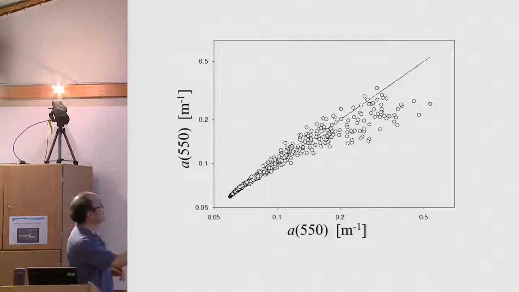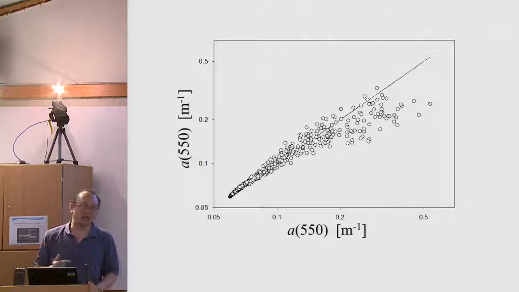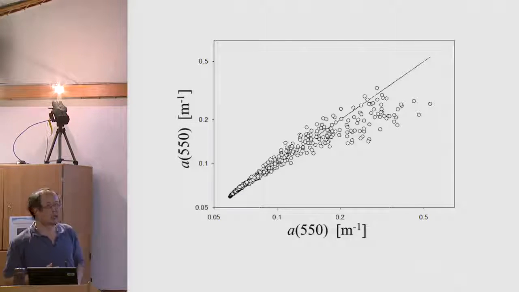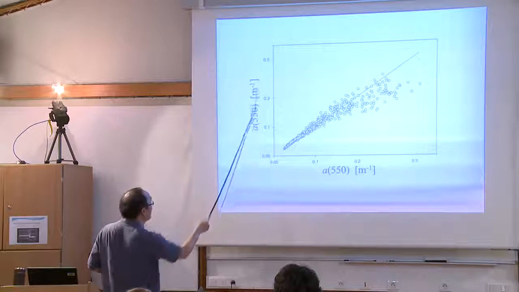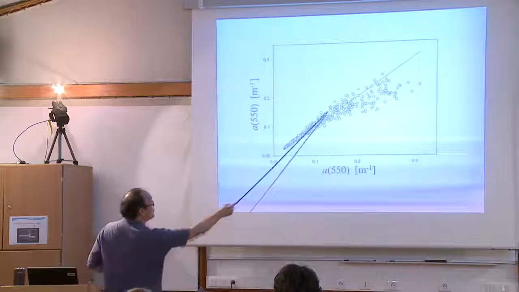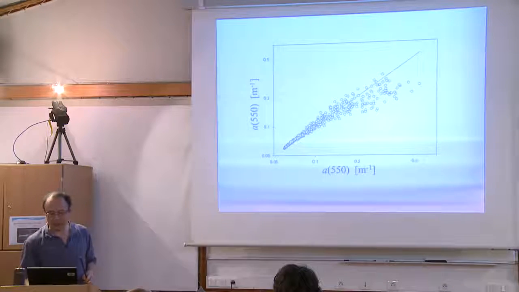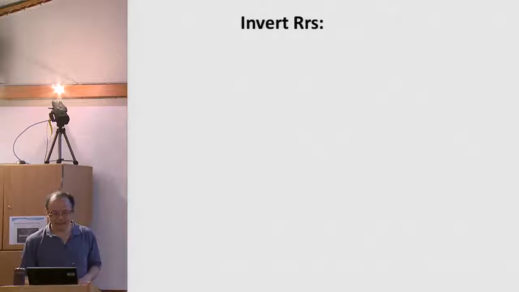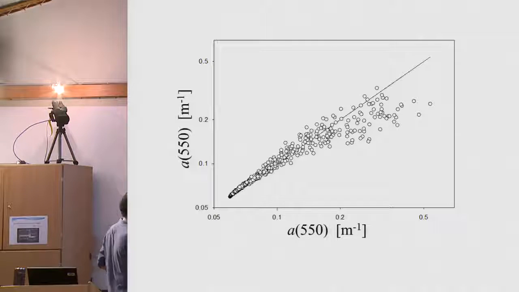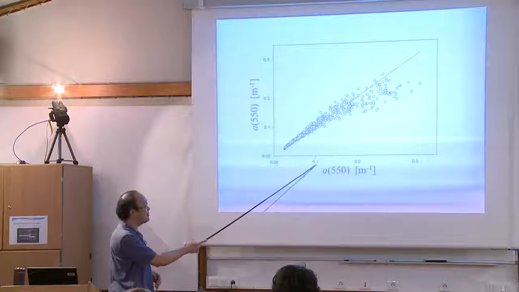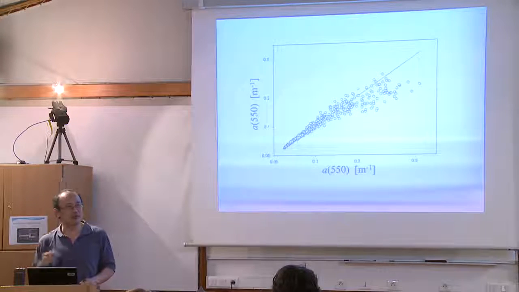And this is basically a measure of confidence. How good can this be? This is known A550, and this is empirically estimated A550. Up to about, say, 0.15, we get very good regression between these two. So basically that says A550 up to 0.1 covers 99% of the oceans.